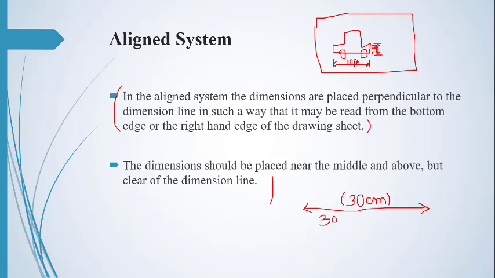If I write it here or here, these two positions are inappropriate for the dimensioning system. So this method of placing is known as the aligned system.